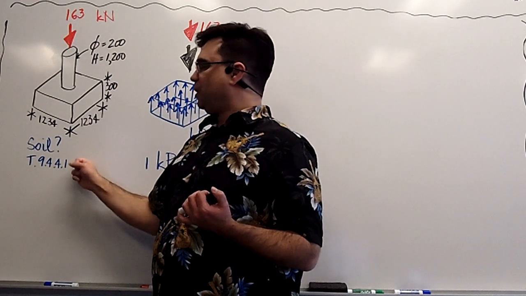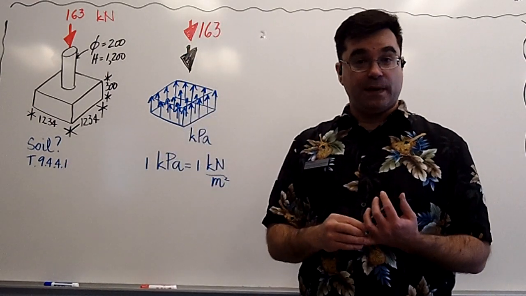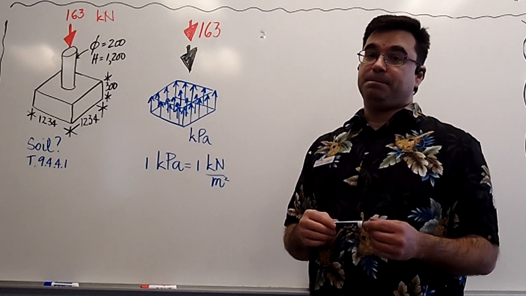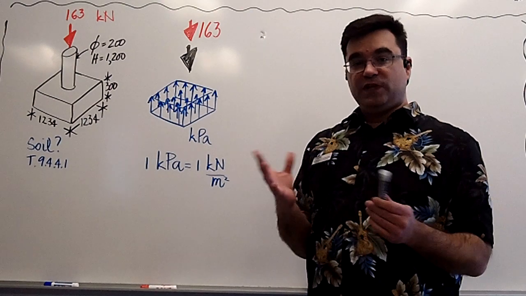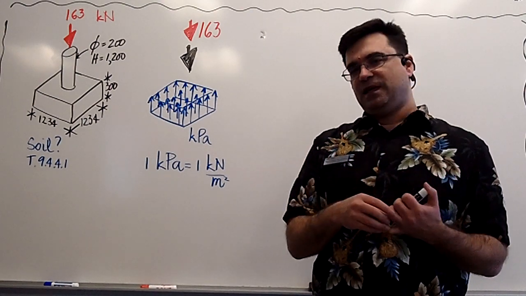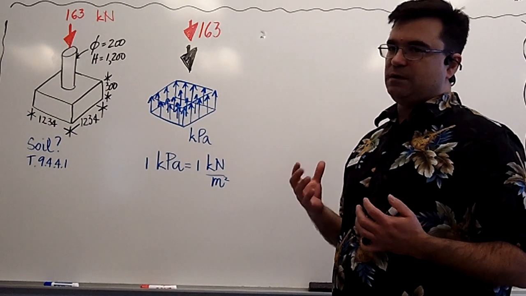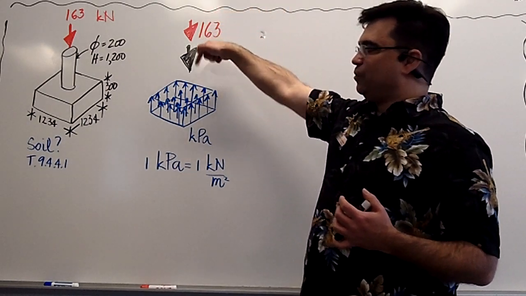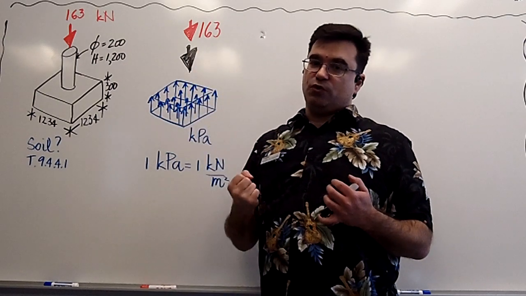And like I mentioned earlier on in the lecture, we're going to use a simplified method just using the bearing capacities that are found in part 9 under table 9.4.4.1. So the idea, as we've seen in previous examples, is basically to balance out the force coming down on the soil with the resistance of the soil.